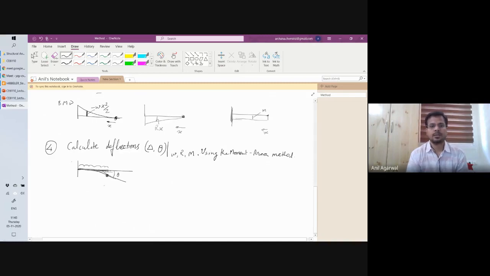And that theta, from the moment area method, is given by the area of the M by EI curve.